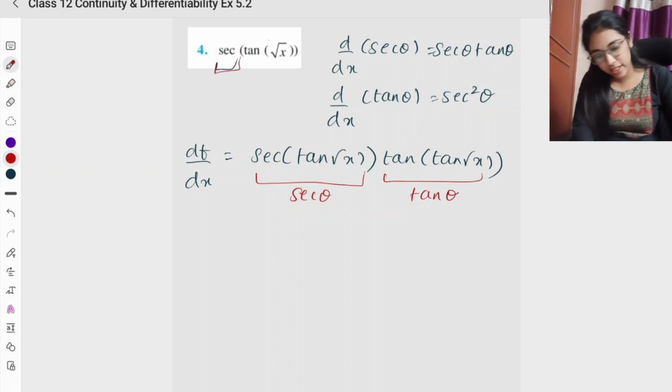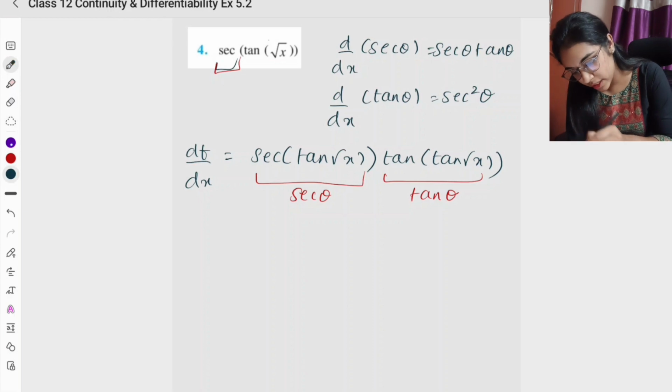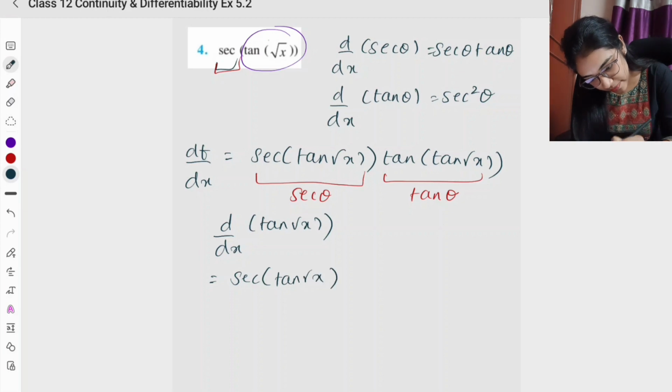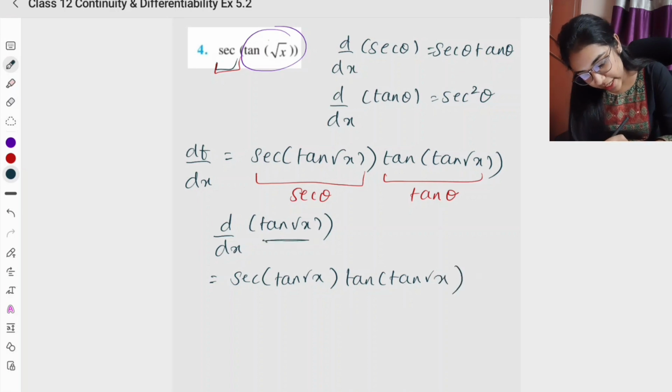Okay, secant theta or derivative பண்ணியாச்சு. இப்போ bracket குள்ள என்ன term இருக்கு? Bracket குள்ள I'm having tan of root x. இப்போ அதோட derivative கண்டுபிடிக்கணுமா? So, I have the derivative of d by dx of tan root x. Okay, so now this is going to be secant of tan root x tan of tan root x times d by dx of tan theta.